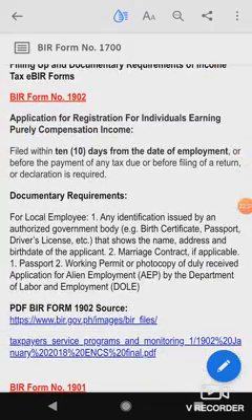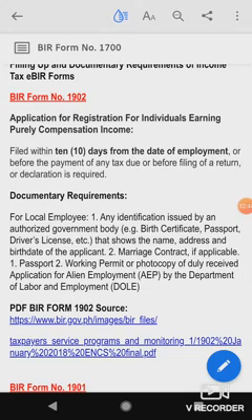BIR Form number 1902, application for registration for individuals earning purely compensation income. It is filed within 10 days from the date of employment, or before the payment of any tax due, or before filing of a return or declaration is required.